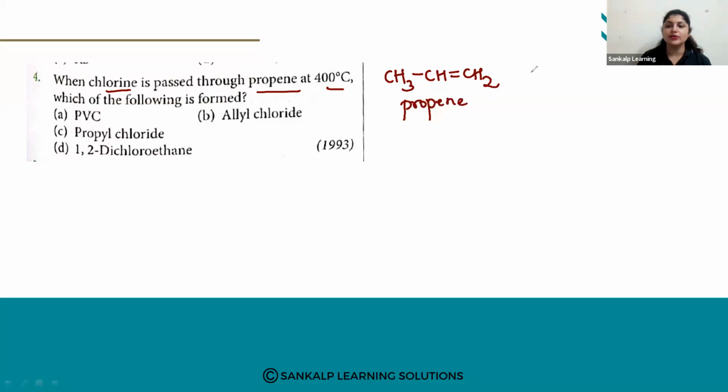Now if the propene molecule reacts with Cl2, with chlorine, at 400 degrees Celsius, the temperature condition is given as 400 degrees Celsius. So what will happen here? At 400 degrees Celsius, substitution occurs instead of addition.